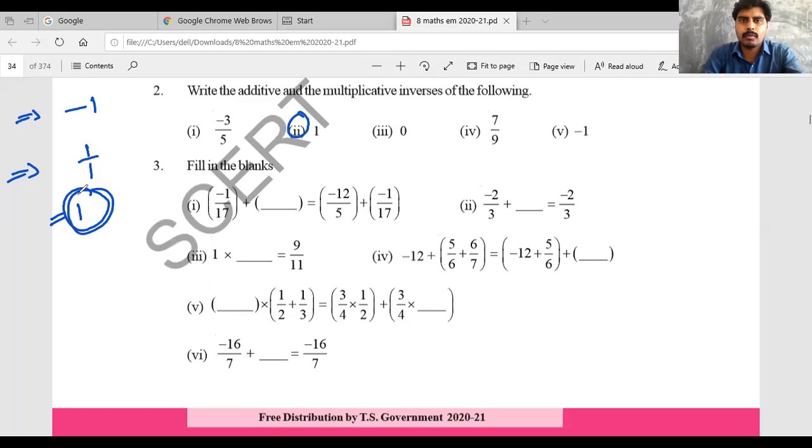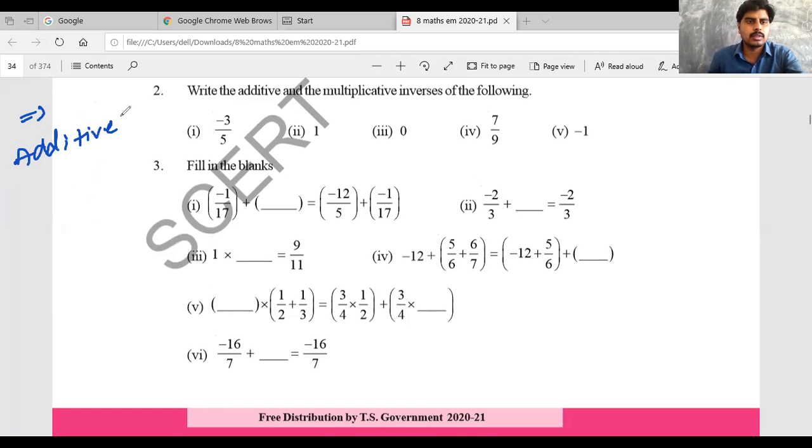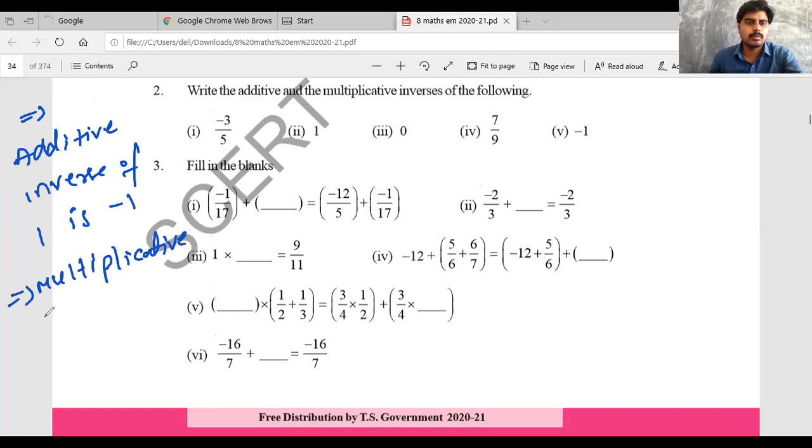Okay, clear? So once again, write that statement. Additive inverse of 1 is minus 1. Multiplicative inverse of 1 is 1 itself. Okay, got it?